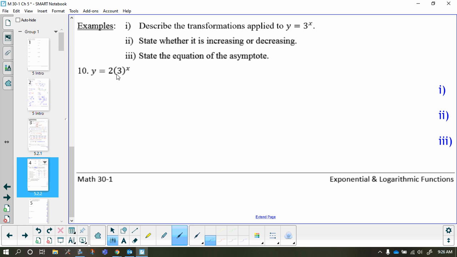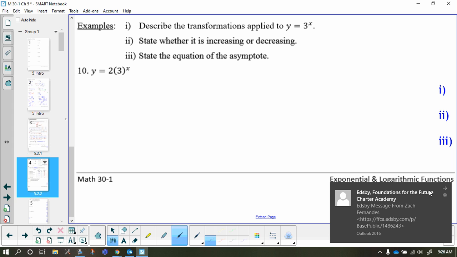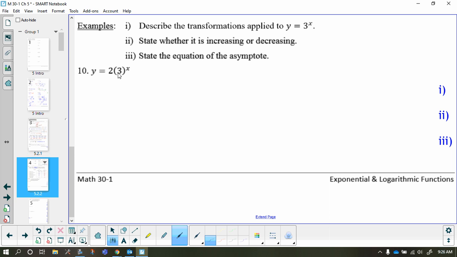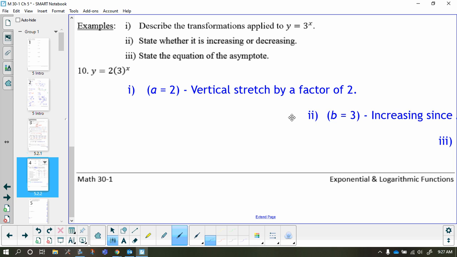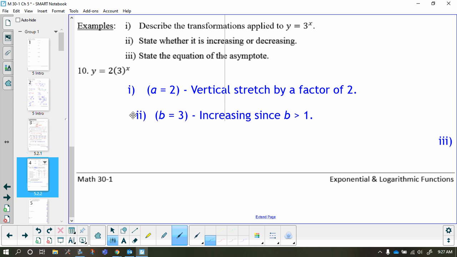We just have a 2 that's multiplied out in front. So what does this 2 in front do? If you said vertical stretch, you are correct. And that's all we have for transformations. So if I have a vertical stretch, then my graph is increasing because my b value is greater than 1.